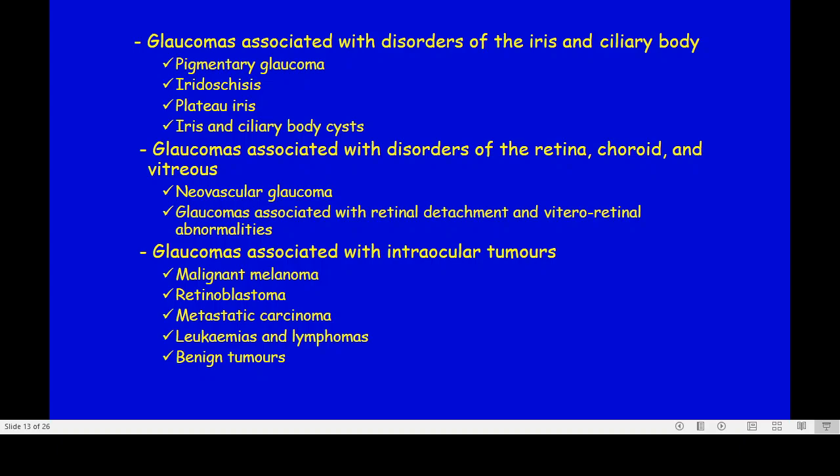Glaucoma can also be seen post retinal detachment or with some abnormality in the vitreous. Then secondary glaucoma can also occur because of intraocular tumors, like malignant melanoma, retinoblastoma, metastatic carcinomas. Some benign tumors and leukemias can also lead to glaucoma.